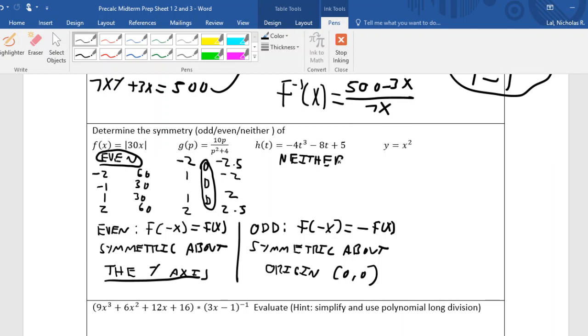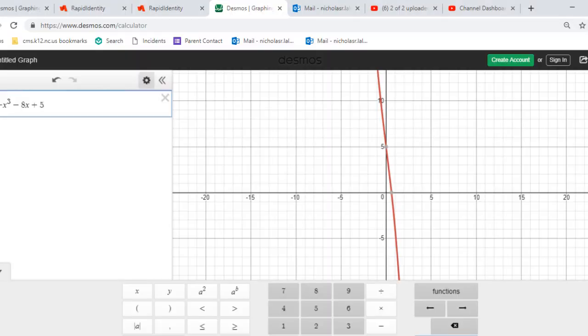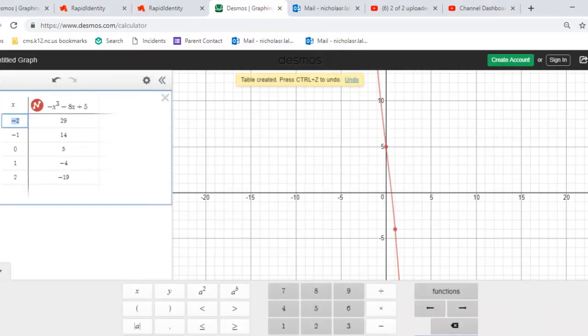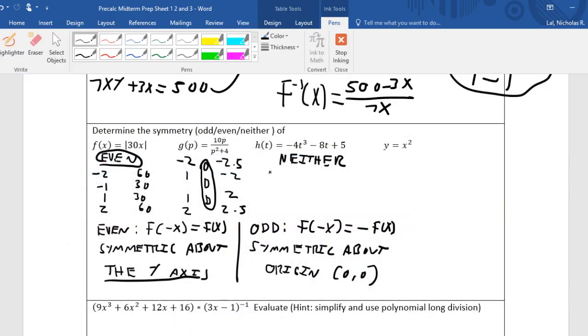If it's not even or odd, that means it has no symmetry. So neither. Looking at the tables, -2, 29, 2, -19. And immediately, as soon as you find one example where the inputs' outputs don't have the same absolute value, then it's not even or odd.